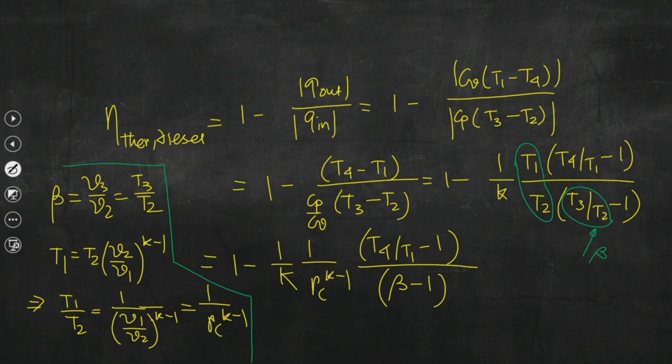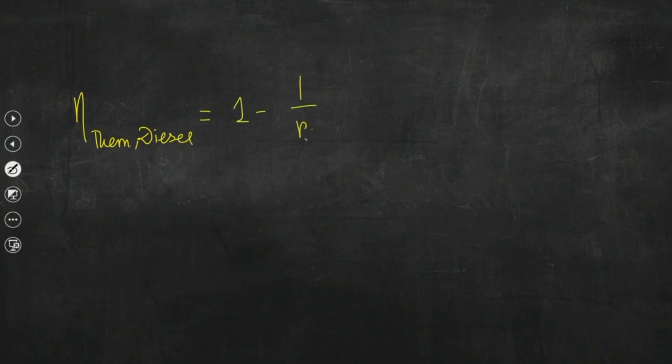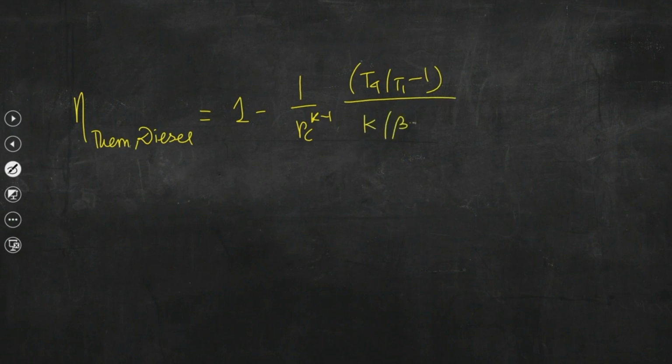We can go one step further in the next slide. So, eta thermal diesel equal to 1 minus 1 upon rc power k minus 1 into T4 by T1 minus 1 by k into beta minus 1, right.